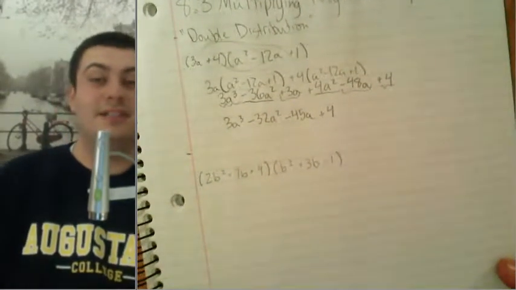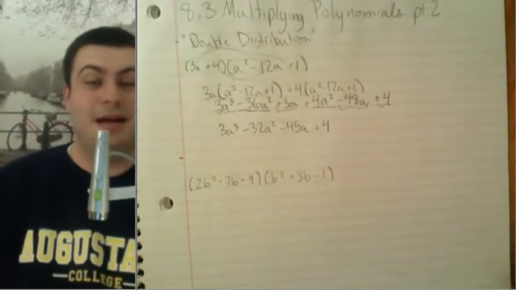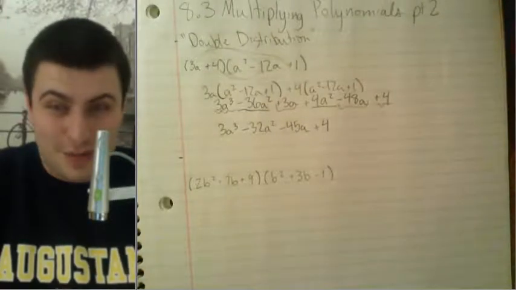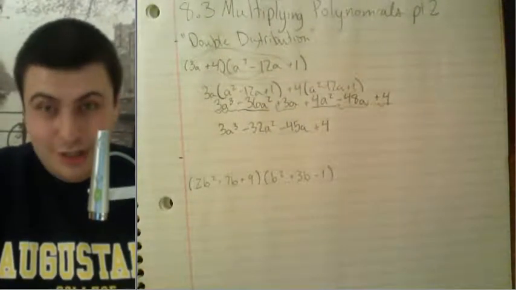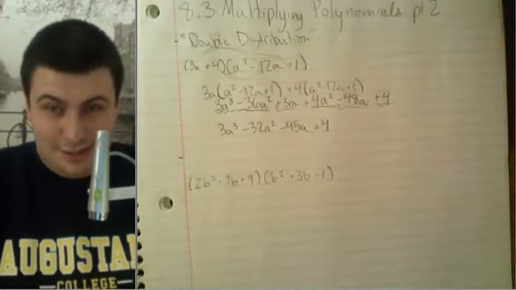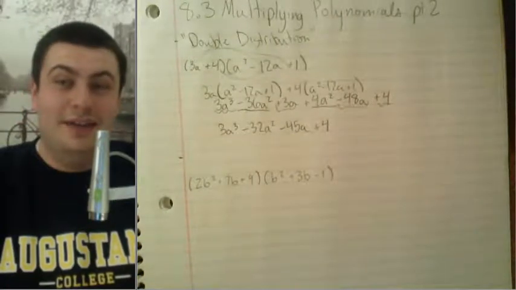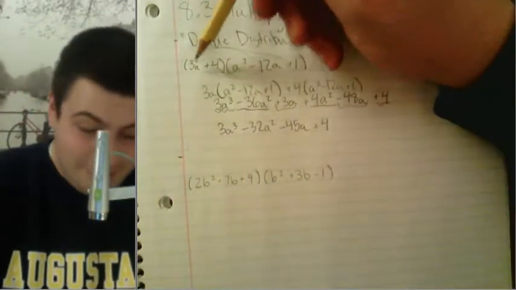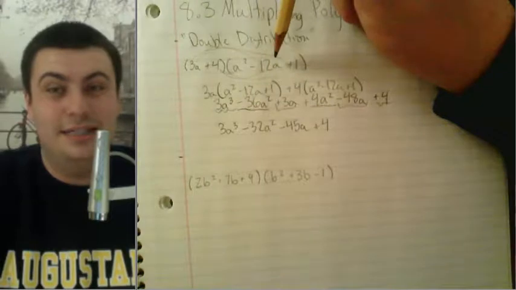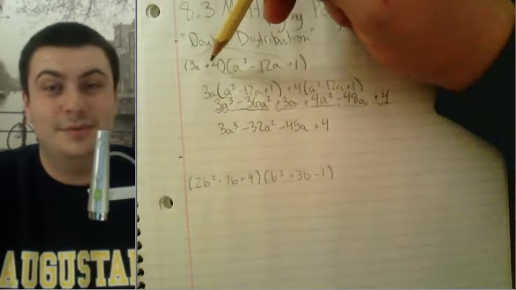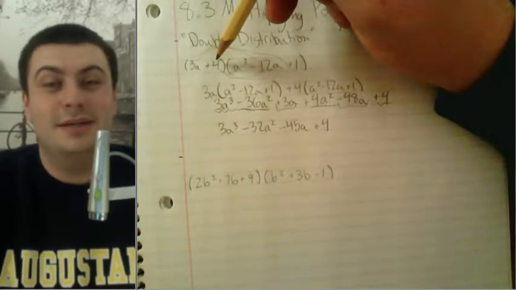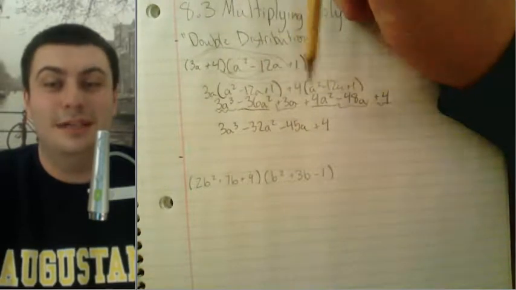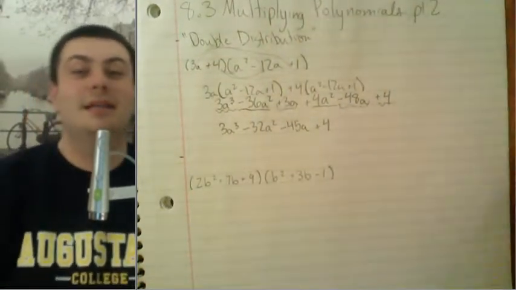So after I double distribute, or distribute this binomial over the trinomial, I get 3a cubed minus 32a squared minus 45a plus 4. If you think about it, we did 3a times a squared, 3a times negative 12a, 3a times 1, 4 times a squared, 4 times negative 12a, 4 times 1, combined like terms, and there we go.